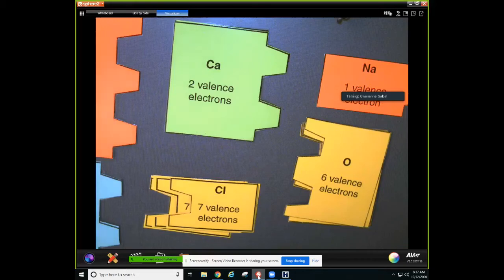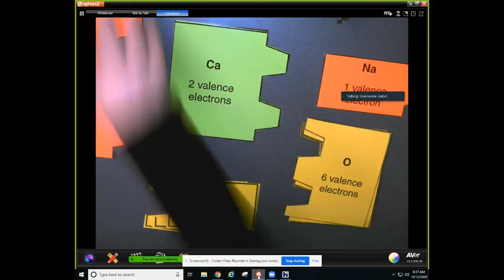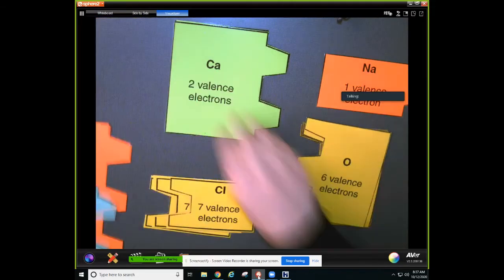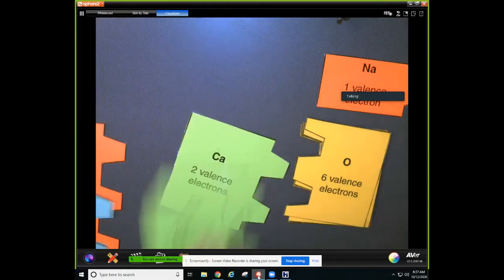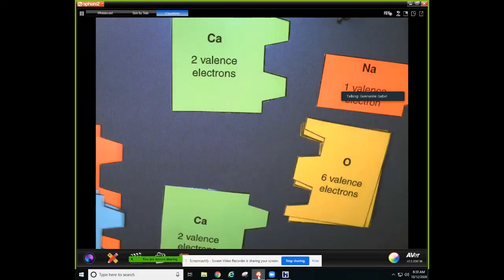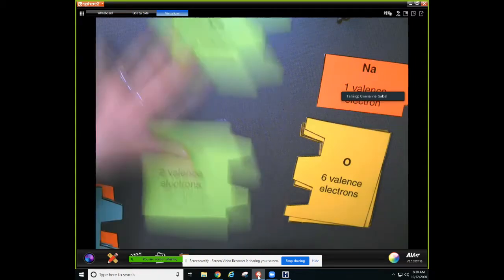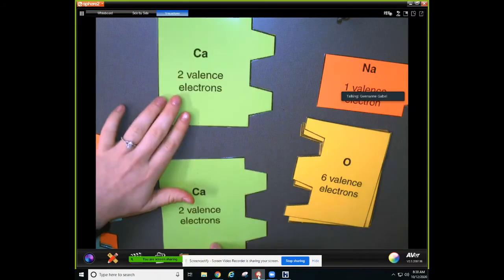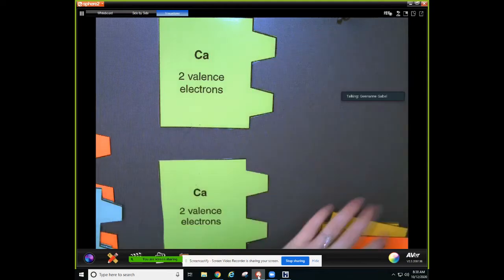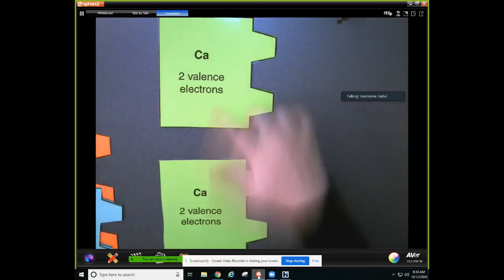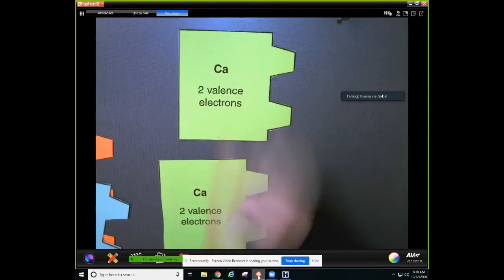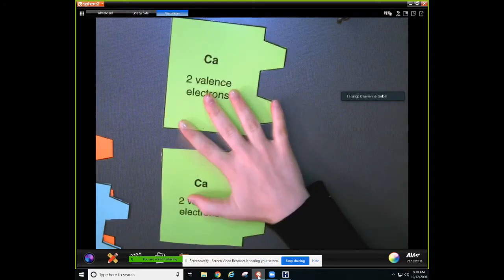So I'll go ahead and start with calcium since it's right here. Now calcium has 2 valence electrons, okay? Each one of these has 2 valence electrons. So I have 1 atom of calcium, 2 atoms of calcium, okay?